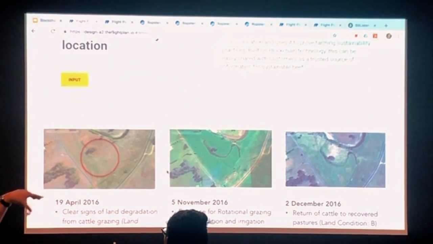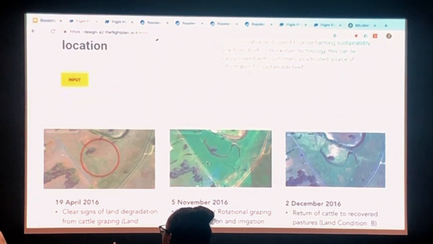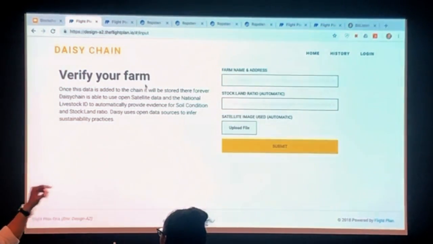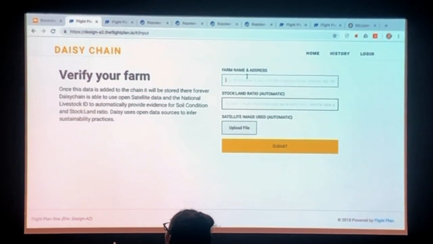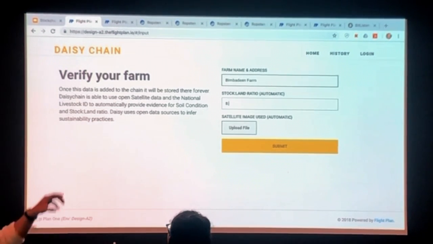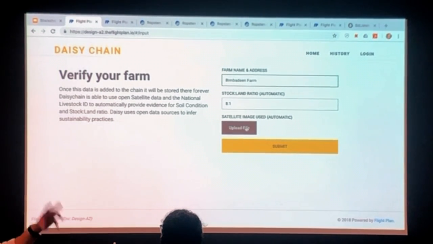So over here in this case, once the farmer puts in that, which takes them 2 minutes, just an address, what the backend would do is, so you put in the farm name. So once that's done, the system would actually then put in the stock to land ratio based on the geospatial data and upload that.